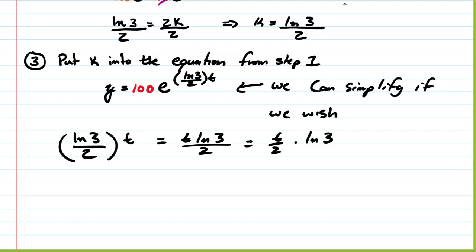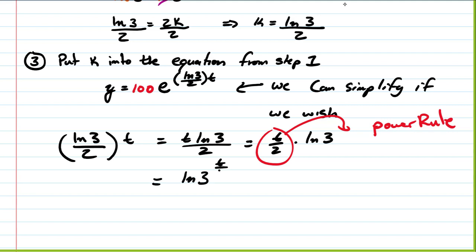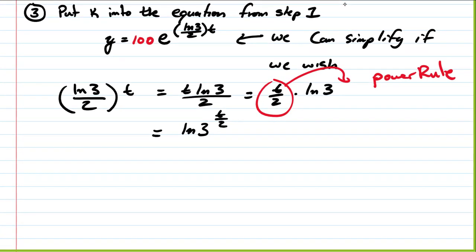And then by our power rule for logarithms, we finally get that that is the same as the natural logarithm of 3 raised to the t divided by 2, right? If I put that back into my original equation, I get y equals 100e to the natural logarithm of 3 raised to the t over 2. But the e and the ln are inverses. So they reduce out, and this simplifies down to 100 times 3 to the t divided by 2.